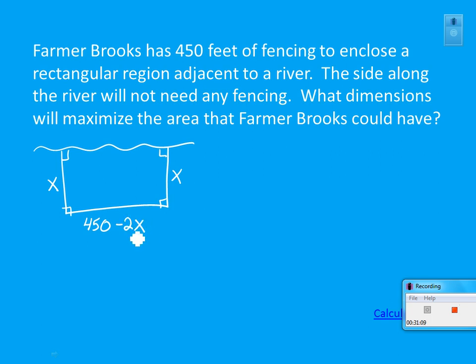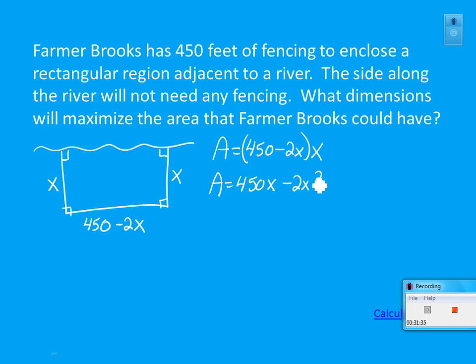So there's my setup. I want to maximize the area. Well, the area of this rectangular figure will be my length, 450 minus 2X, times my width. So my area is going to be 450x minus 2x squared.